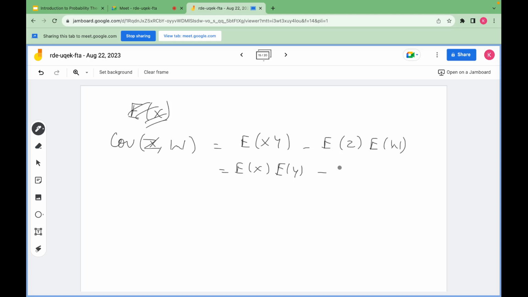As x and y are independent, this is 1 by 2 into 1 by 2 minus E of z, which is 2 by 3, into expectation of w, which is 1 by 3. So 1 by 4 minus 2 by 9. This is 1 by 36.